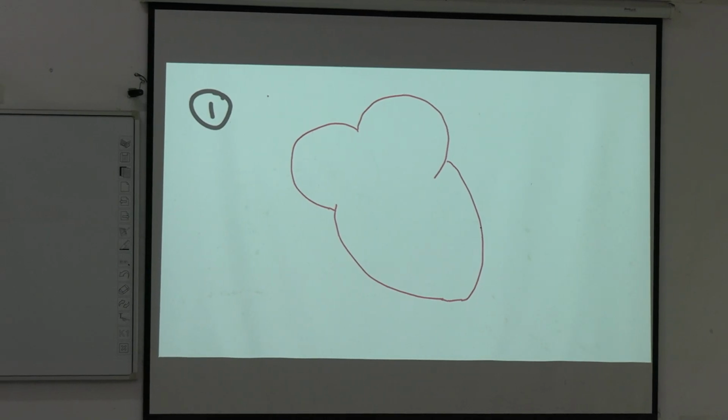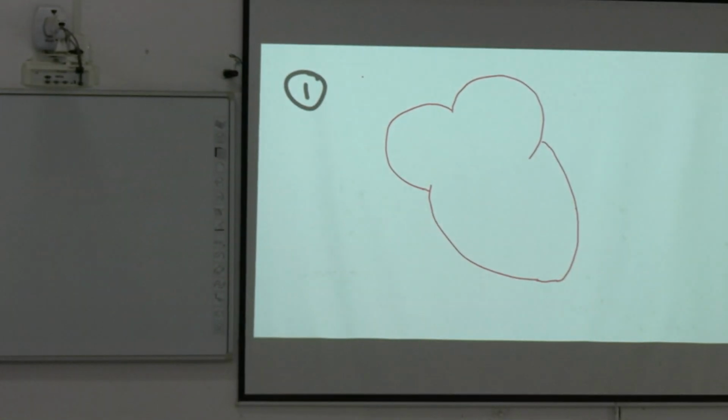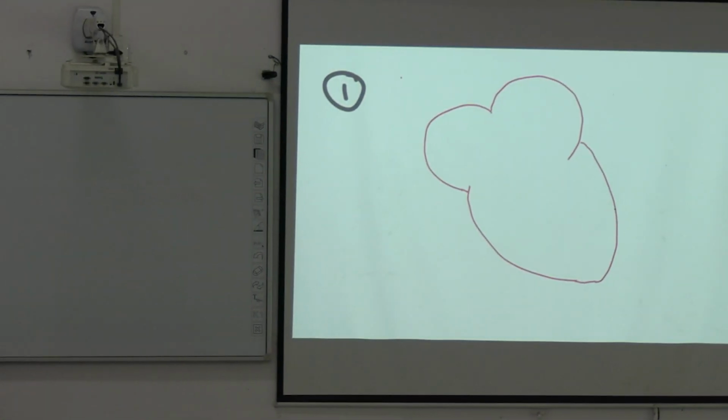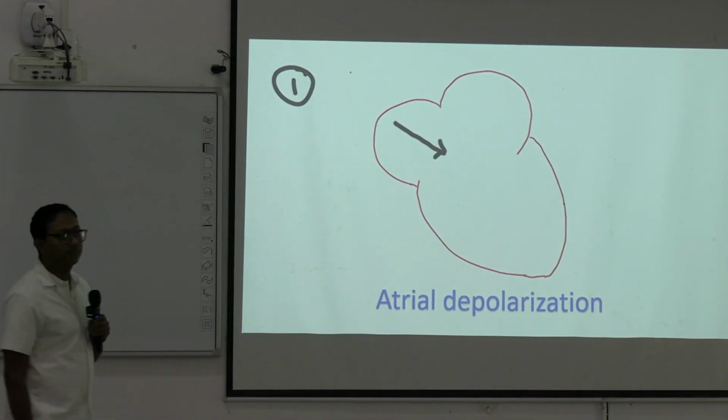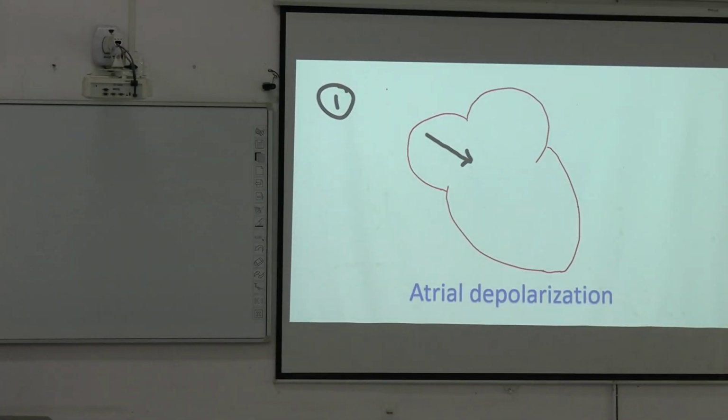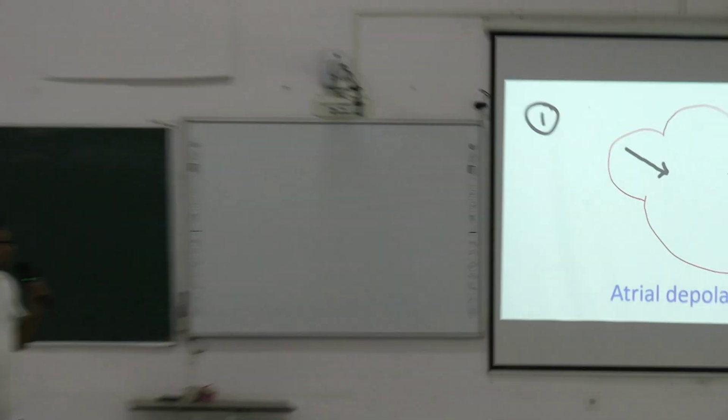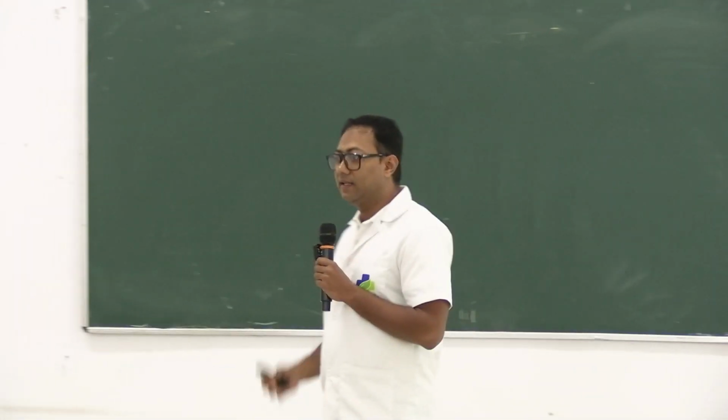So the direction of the vector is this. This is the fast vector, and the role of this vector is to depolarize the atria. This is why it is called the atrial depolarization vector.